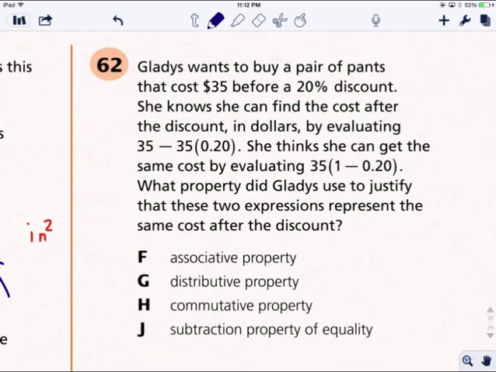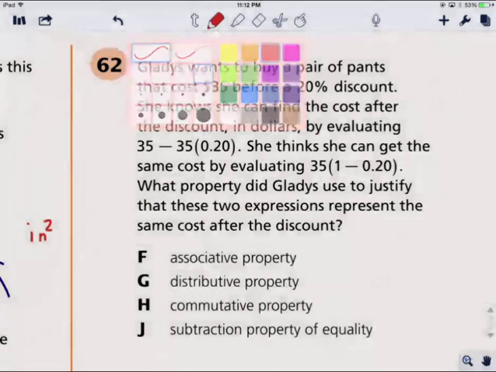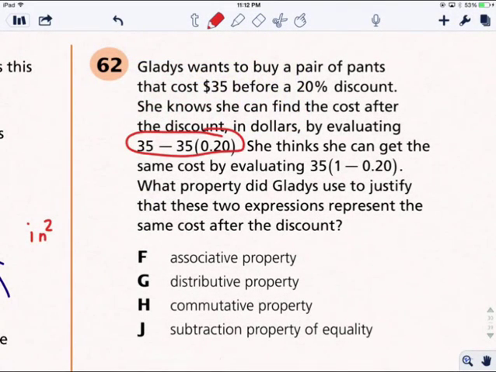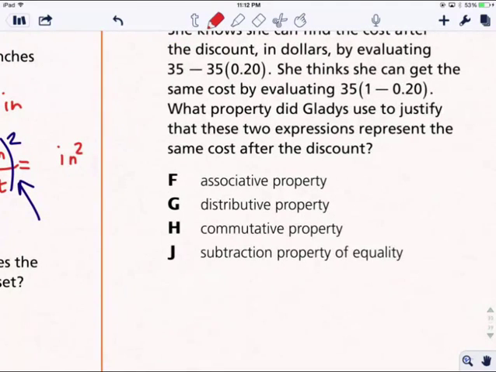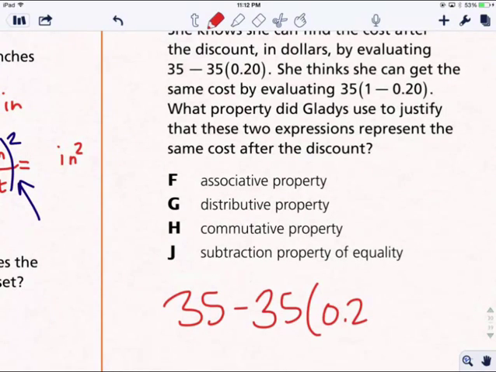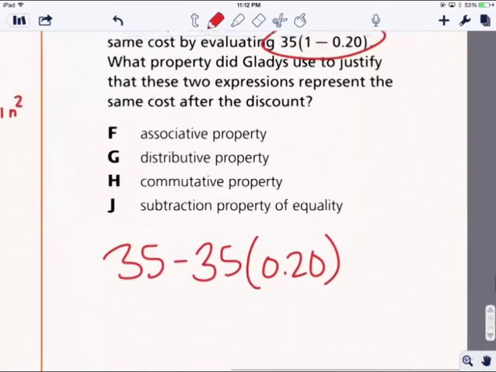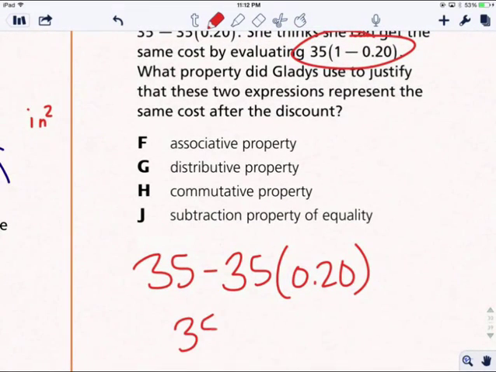Number 62 takes you way back to when we studied properties. You can read all this, just a whole bunch of words, but look at this expression right here. 35 minus 35 times 0.20. And then look at this expression right here. 35 times 1 minus 0.20.